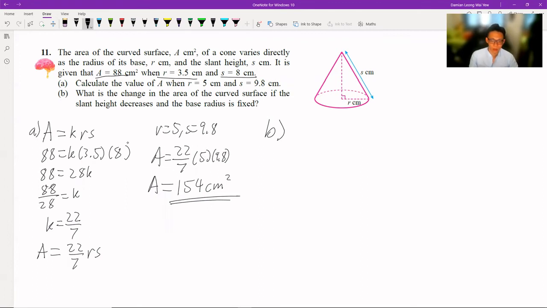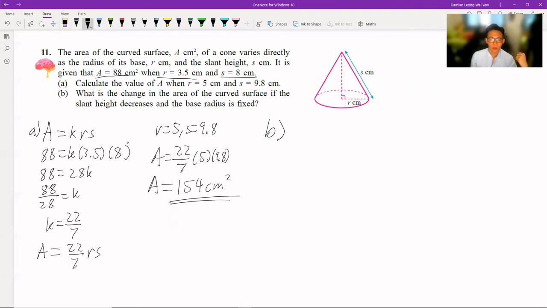So if it's a constant times this, when this increases, the other value also increases. When the slant height decreases, the area should also decrease because it varies directly. If it's inversely, then it's the opposite way.